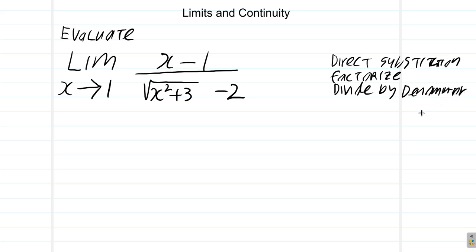If that cannot work, then another thing we could do is multiply both the top and bottom of the expression by the conjugate of the denominator.